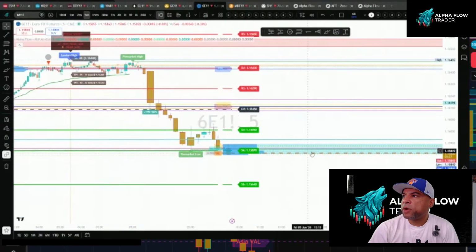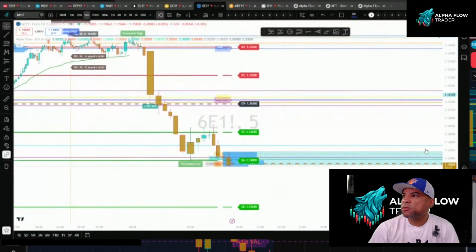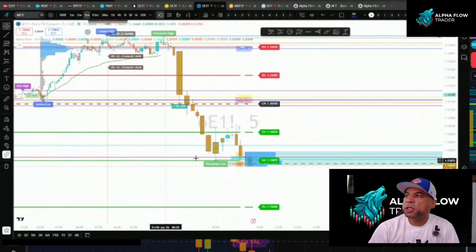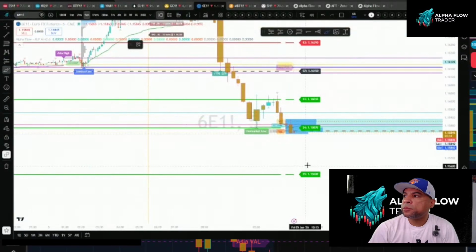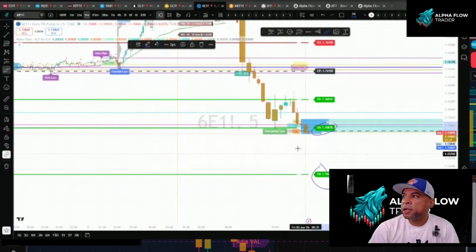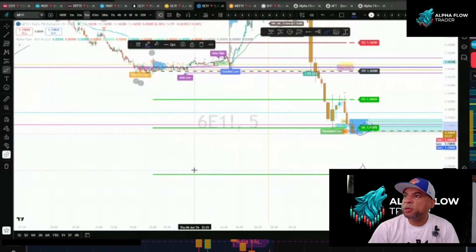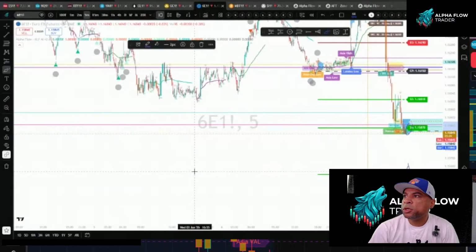And Euro is right now trading right at S4, but still has strong bearish momentum. So we'll either wait for Euro to show us some signs of strength, or see if we can get down to S5. But S4 is in play, and if it keeps going lower, S5 would be in play as well on Euro.